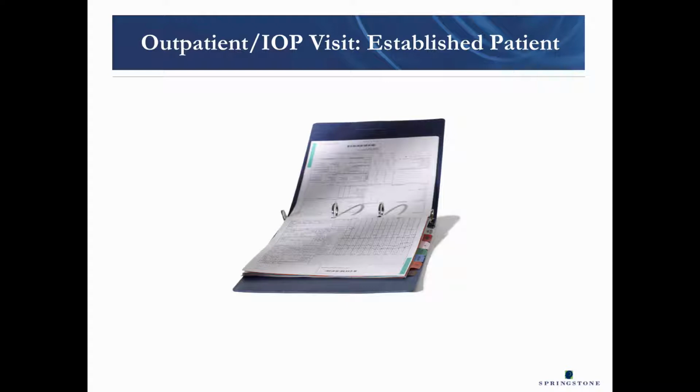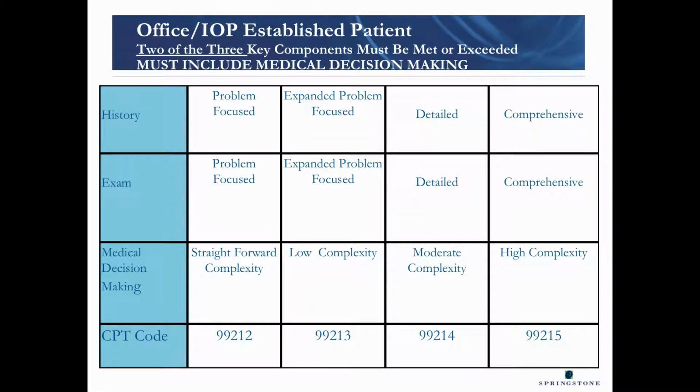Now let's talk about outpatient, established patient visits, follow-up visits, and how we would document for an outpatient visit. Now keep in mind that in outpatient and inpatient follow-ups, you only need 2 out of the 3 key components to be met or exceeded, and at least one of those does need to be medical decision making.